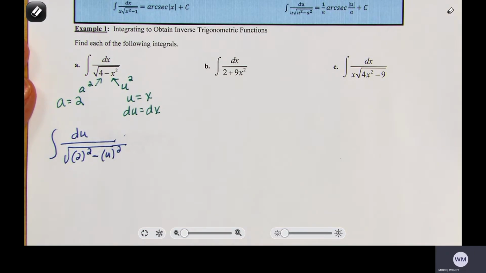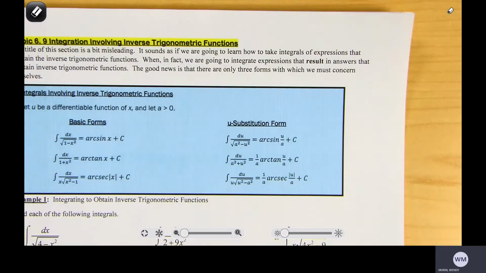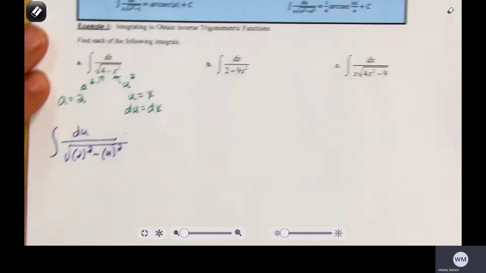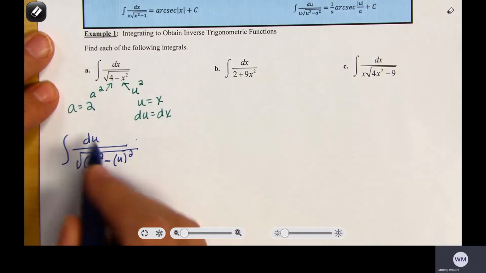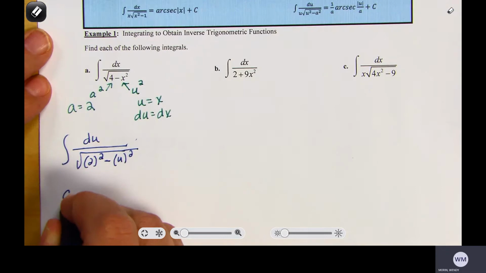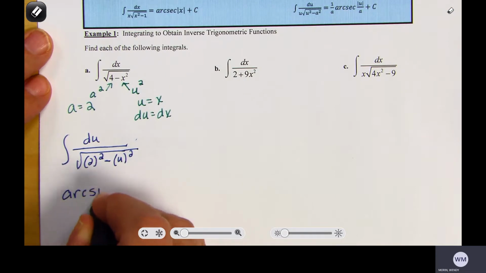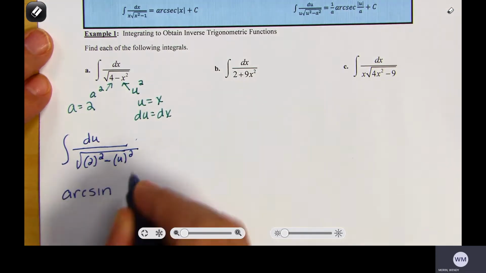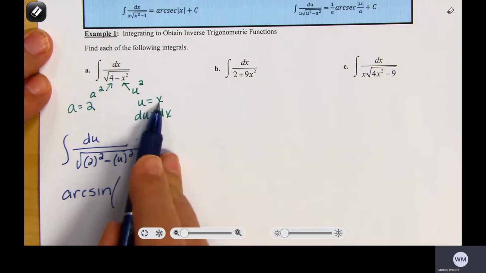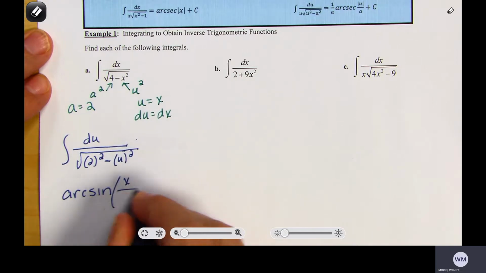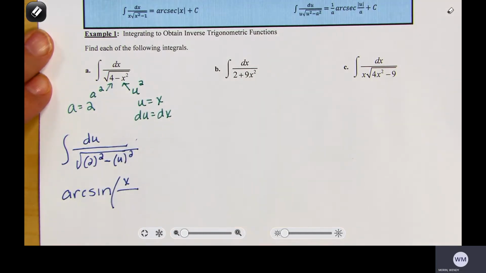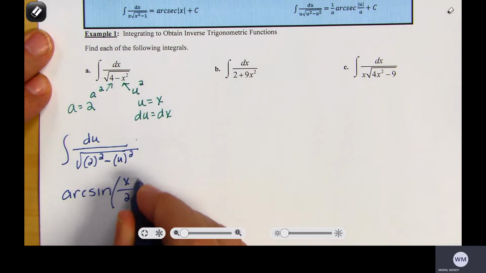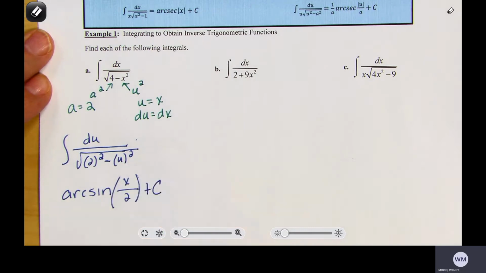Right? So that is which one? The square root of a squared minus u squared. That's arcsine. So when you integrate this, you get the arcsine of your u value, which is x, divided by your a value, which is 2, plus c.